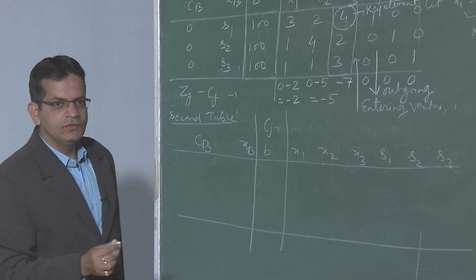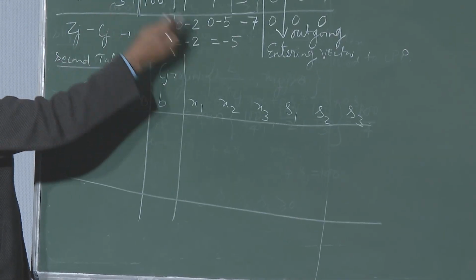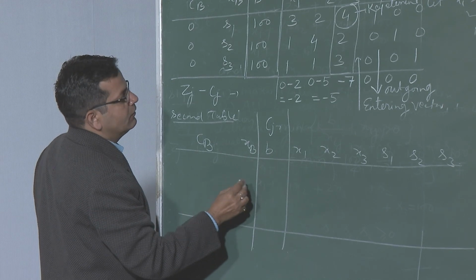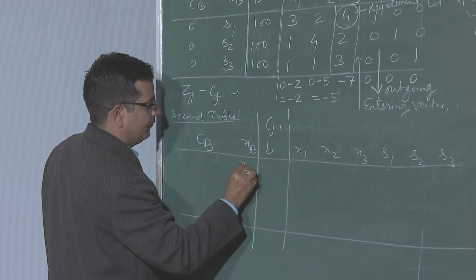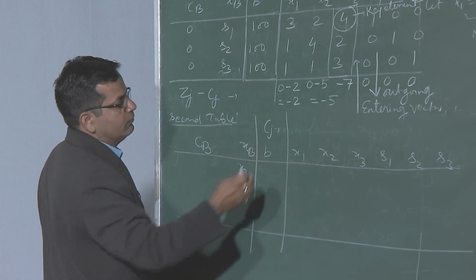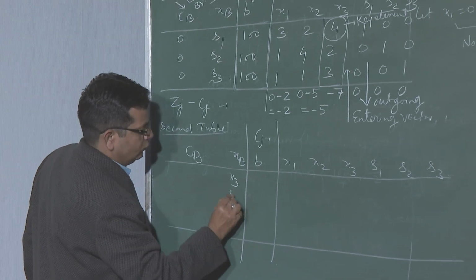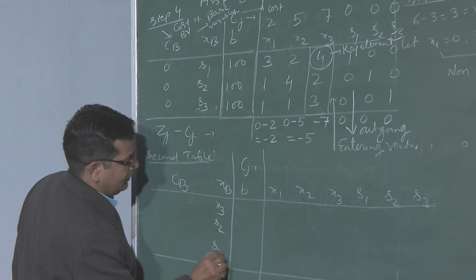In the second table we have a new basis. Here we have entering vector x3 in place of s1, because we have already removed s1 from the basis, and s2 and s3 remain.